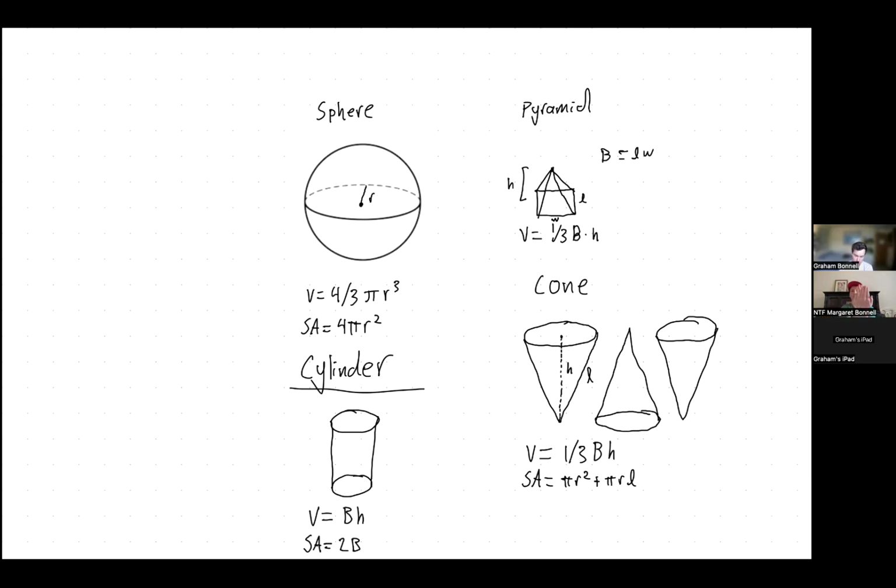And that's that part. Pi r squared, plus, Graham, you have to do a plus. You're adding it together. You take the area of the base circle, and then you add this area, plus 2 pi r h.